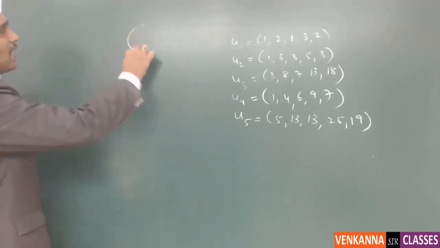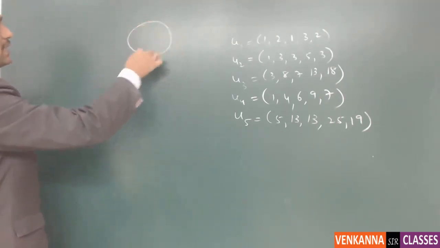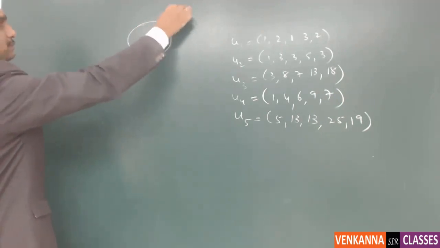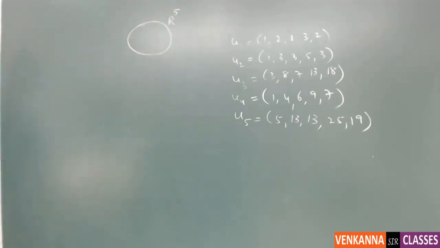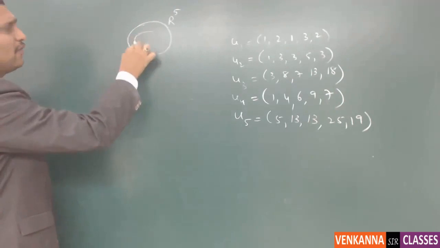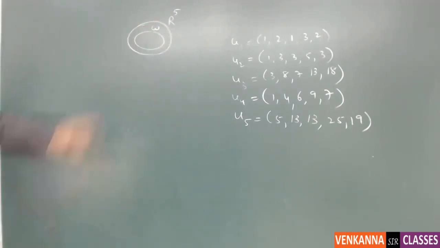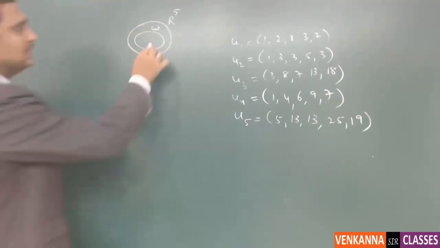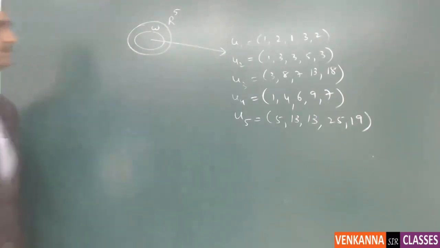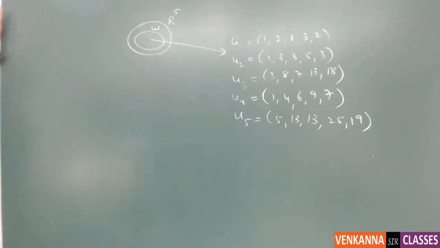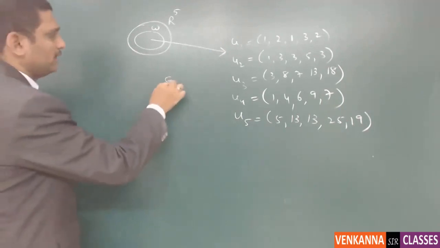I have considered the vector space R power 5, in which I have taken a subspace W, and W contains these 5 vectors. By default, assume that these 5 vectors are the spanning set of W.